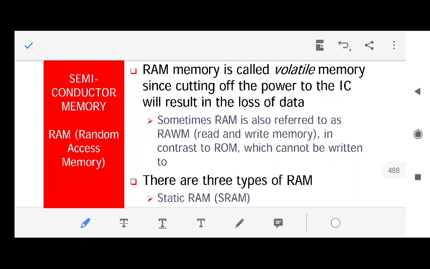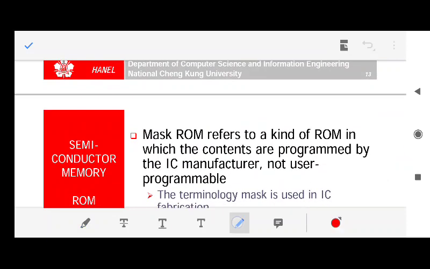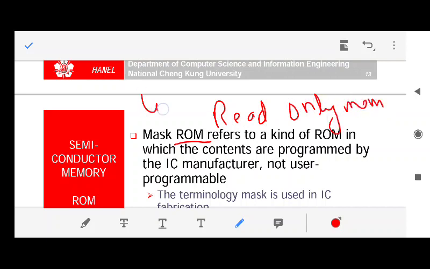So how are the different types of ROM designed? Different types of ROM are designed on the basis of how they can be written. See, please understand, ROM means read only memory. It means that it can be read only, it cannot be written.